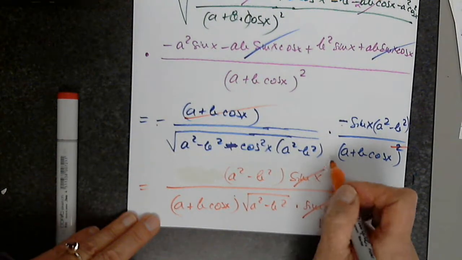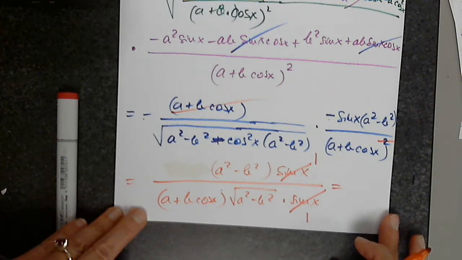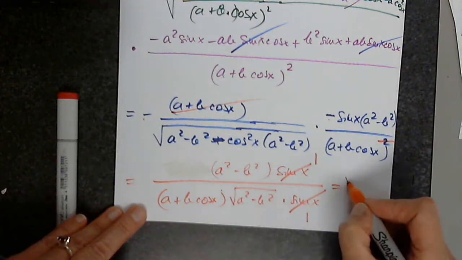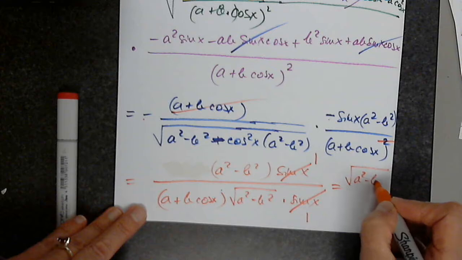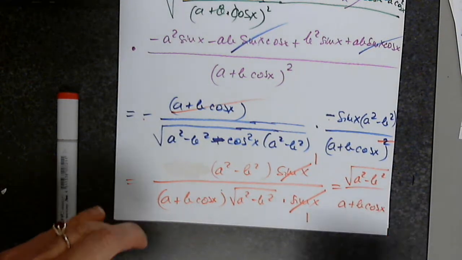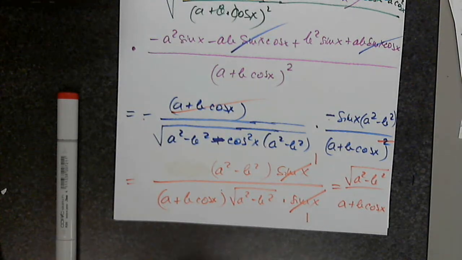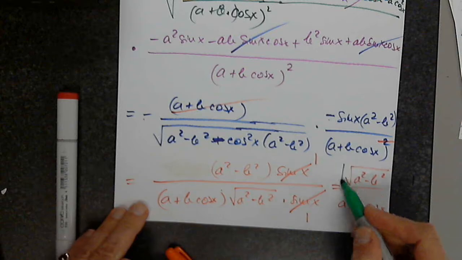Very interesting. So then I simplify this and I get just a square root of a squared minus b squared over a plus b cosine x.